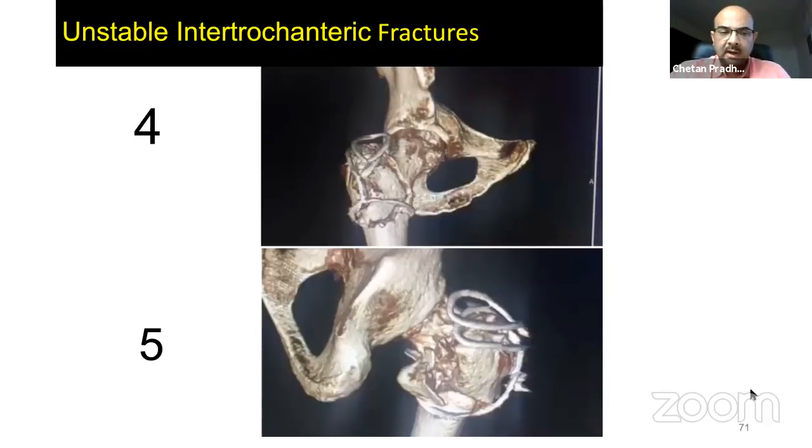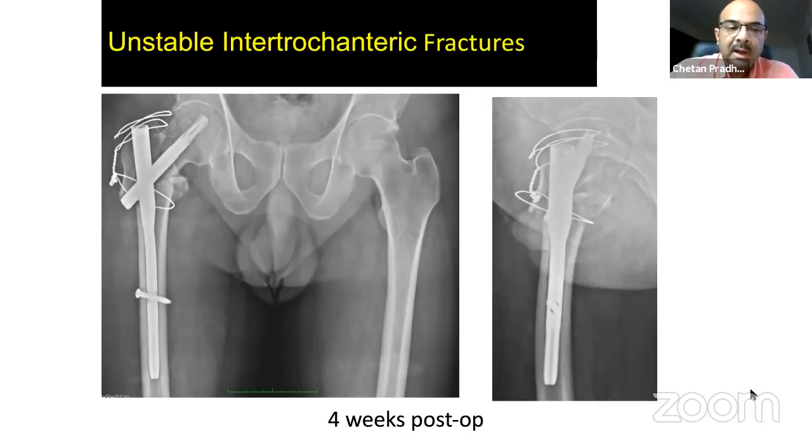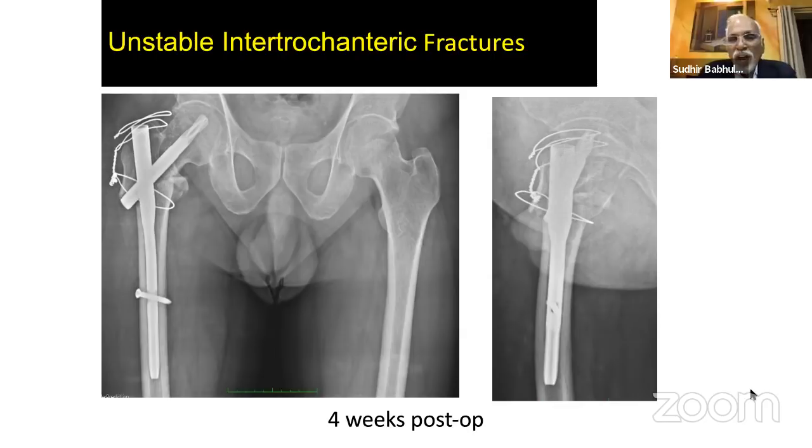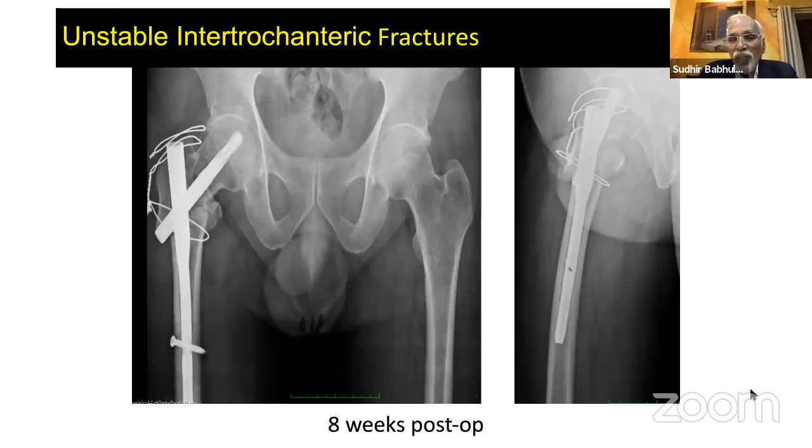I also routinely do a figure of 8 kind of transabductor wire loop in such fractures. What I want to ask, sir, is why did you do a post-op CT scan? Just for study purposes, or do you routinely do it? Not routinely, but the patient was young, high demanding. We wanted to be very sure that all the fragments had been fixed properly.